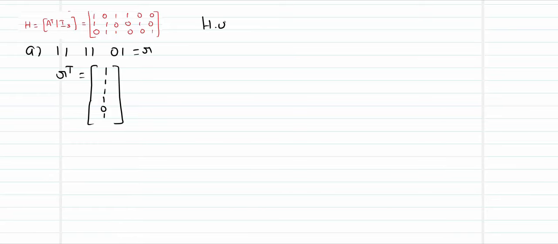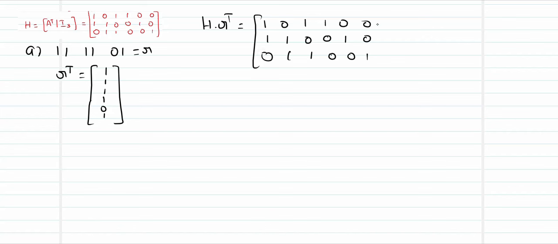H into R transpose. So mark it as 1 0 1 1 0 0 1 1 0 0 1 0 0 1 1 0 0 1. So this is my H. I will have to multiply this H with my R transpose 1 1 1 1 0 1.